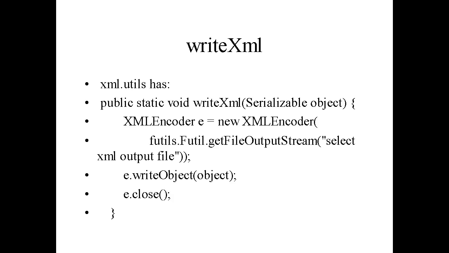So here's a way in which you can automatically generate XML using a serializable object, that is any instance of any class that implements Serializable. And what you do is you run it through the so-called XML encoder. You create an output which can go to perhaps a file output stream, and then you write the object to the file output stream, and XML comes out. And this is XML which you can decode with an XML decoder and reconstruct an instance of the object.